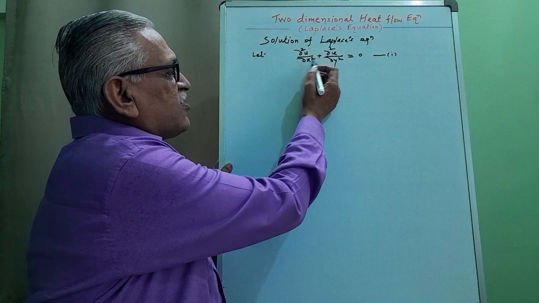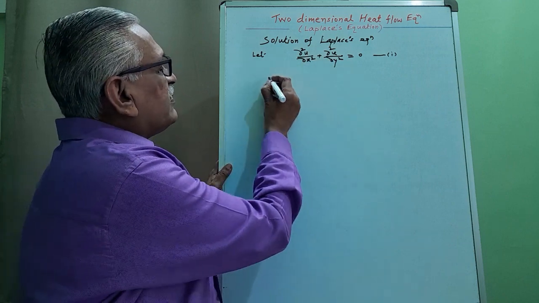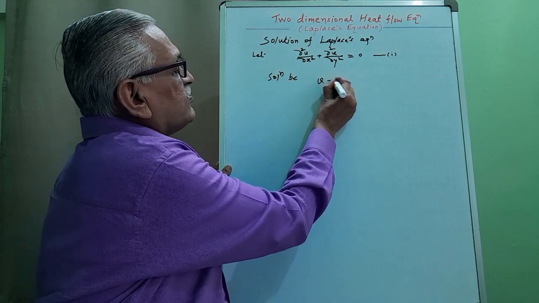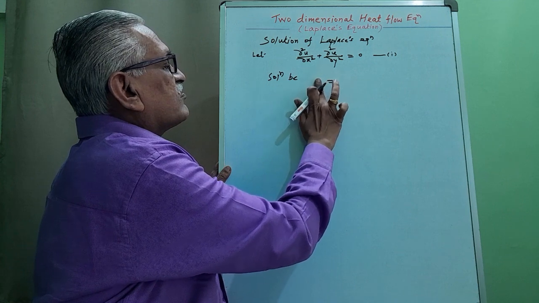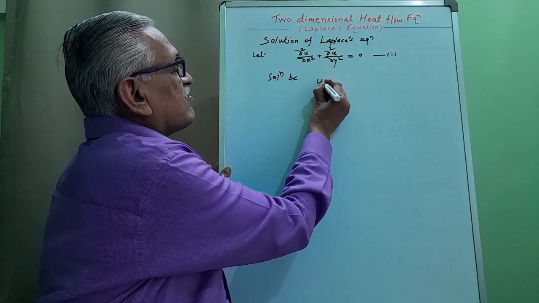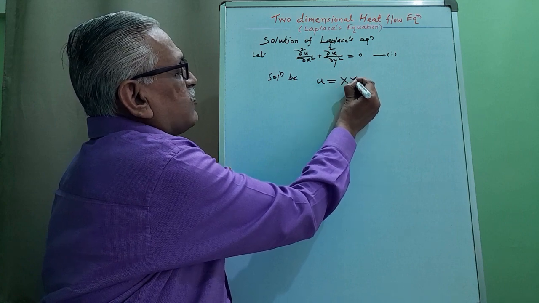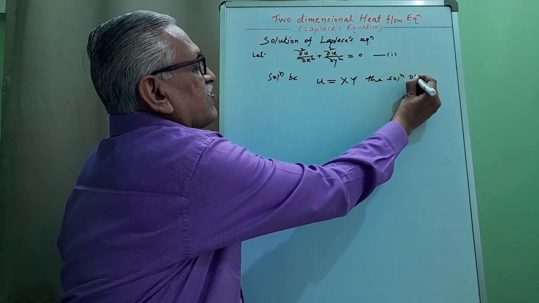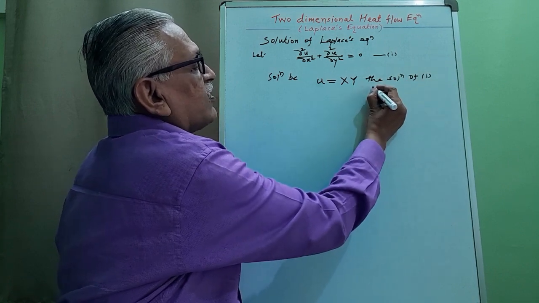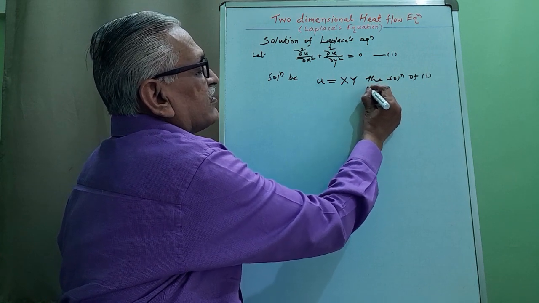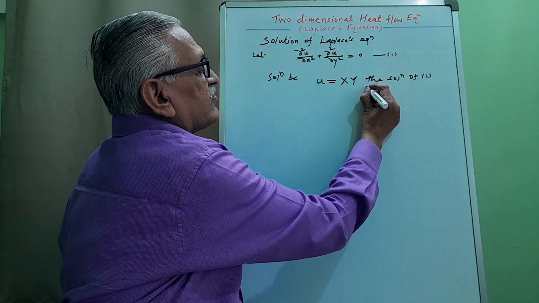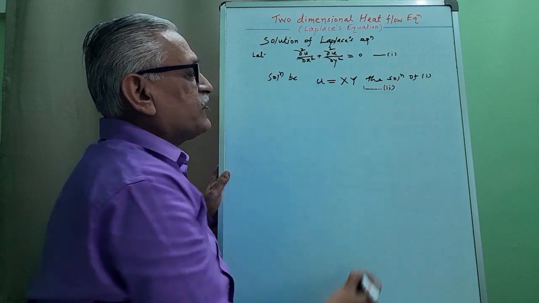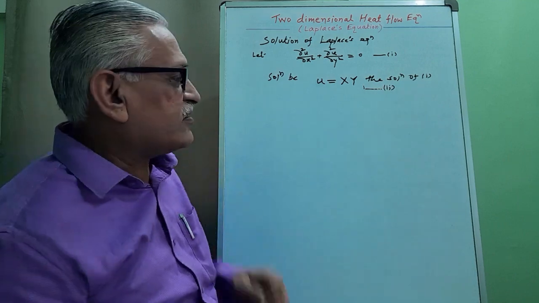As the derivatives are obtained with respect to x and y, let the solution be u equals capital X into capital Y, the solution of equation 1, and we call this equation 2. U is equal to X into Y.